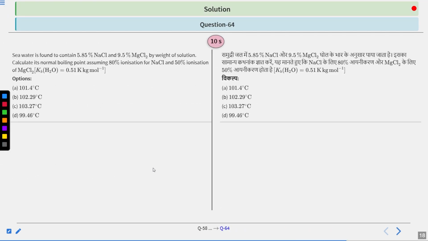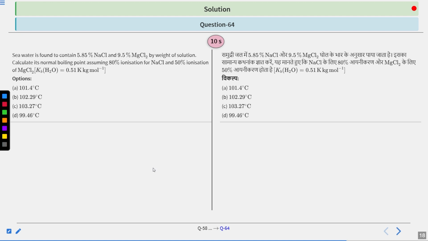Next question. Seawater is found to contain 5.85% of NaCl and 9.5% of MgCl2, that is magnesium chloride, by weight of the solution. Calculate its normal boiling point assuming 80% ionization for NaCl and 50% ionization for magnesium chloride. The Kb for H2O is given as 0.51 Kelvin kg per mole.